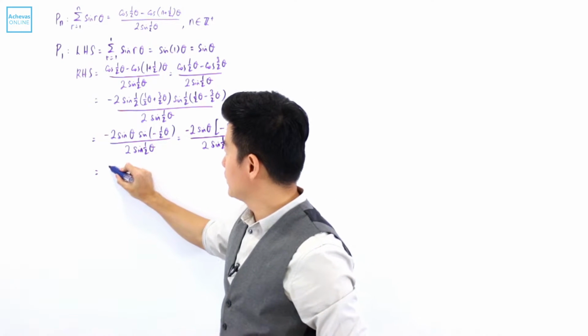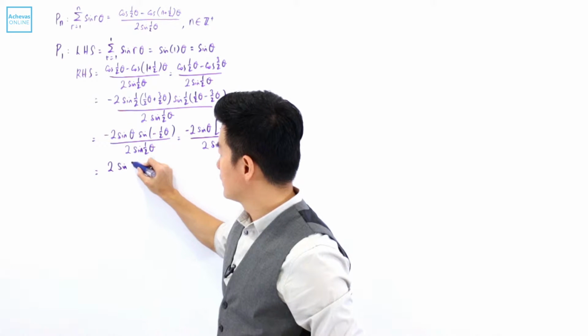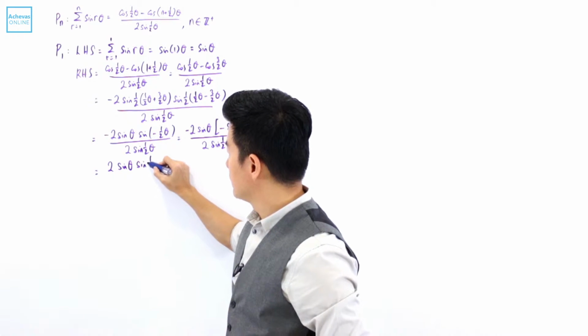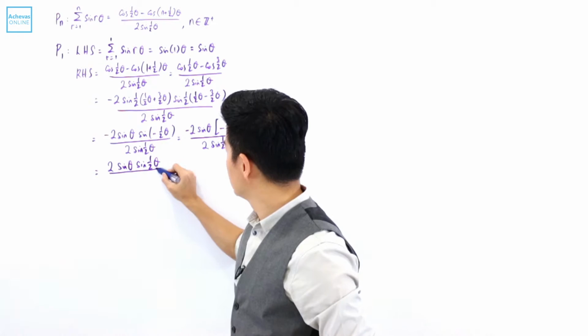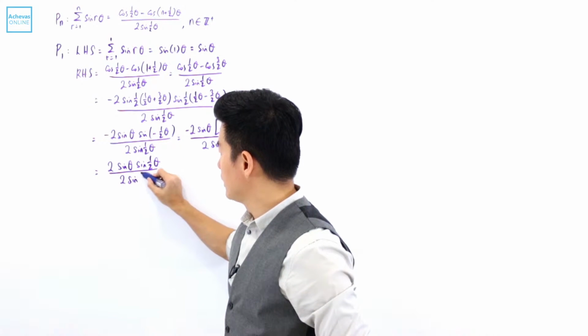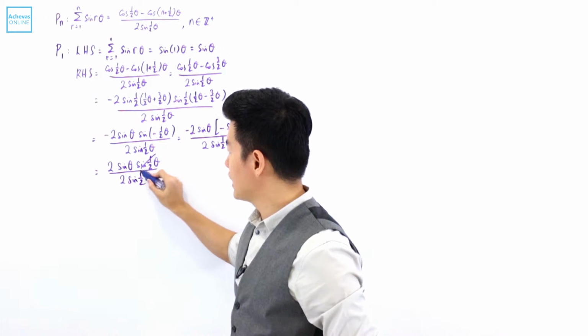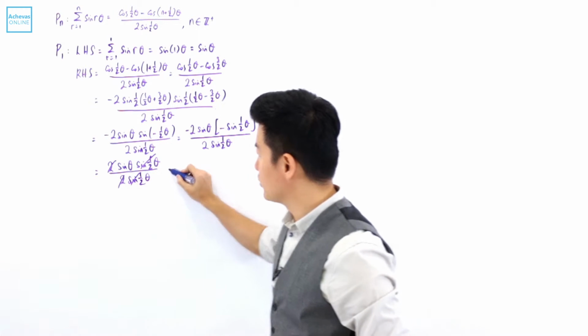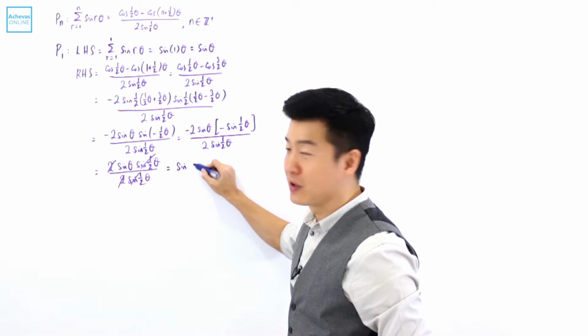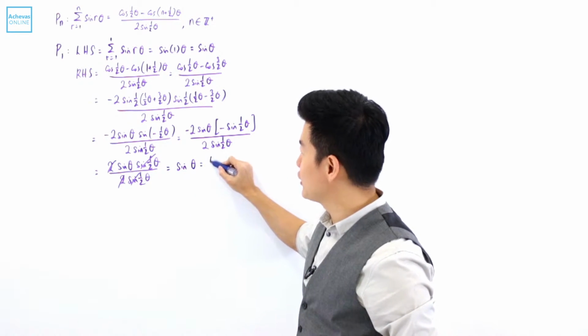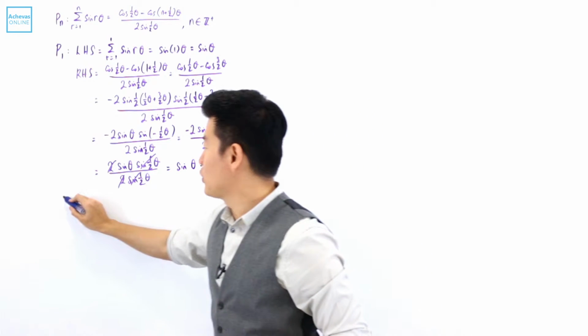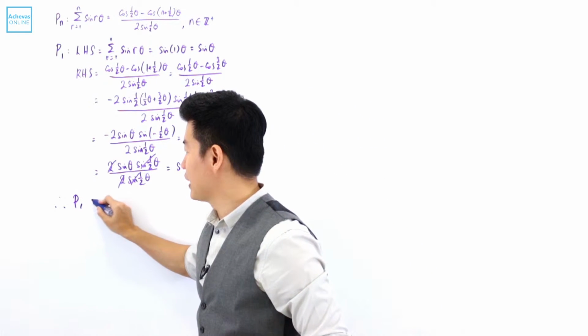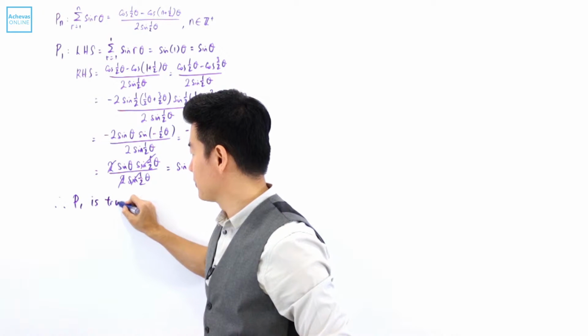So in the numerator, we will have 2 sine theta sine half theta divided by 2 sine half theta. So sine half theta will be cancelled, 2 and 2 will be cancelled. I'll be left with sine theta, which is equal to the left hand side. So what we have done so far is to prove that P1 is true.